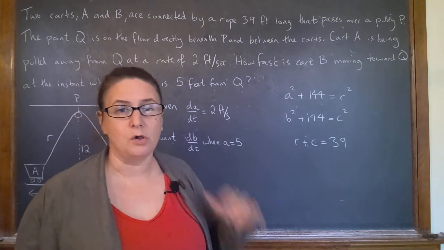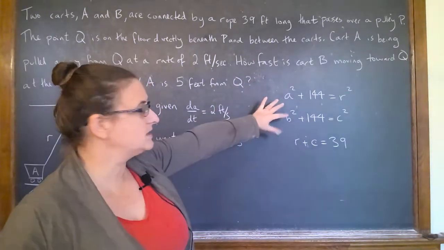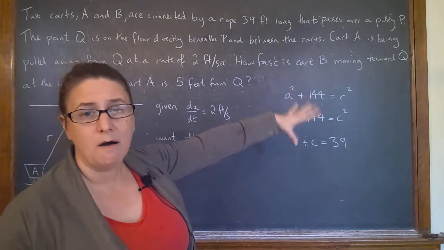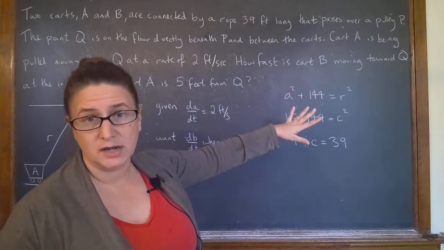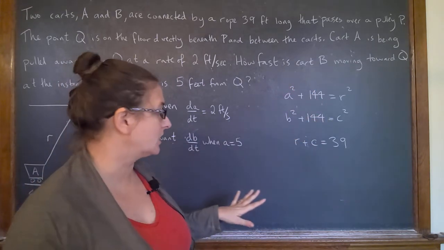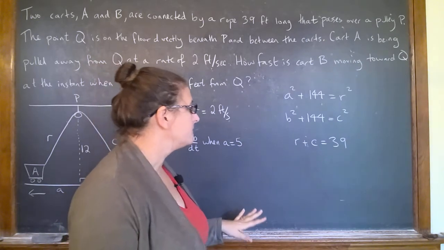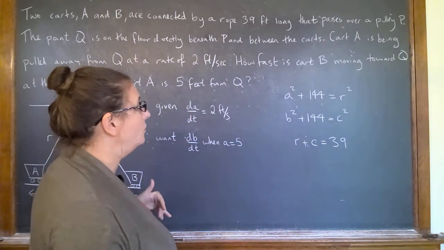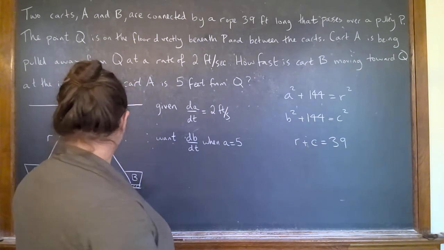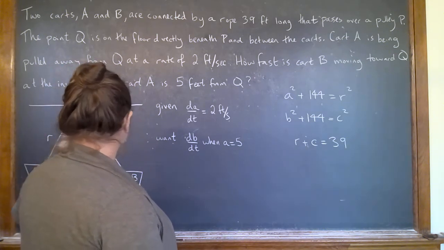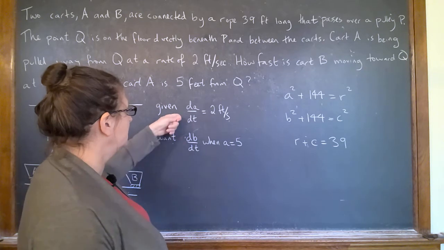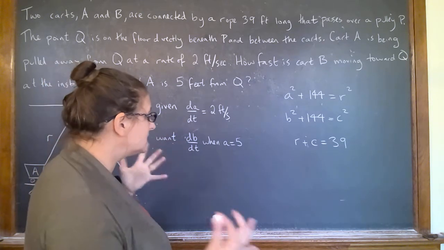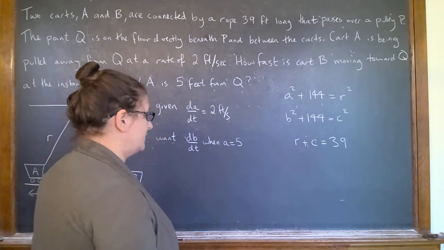That's going to be the goal, because when I take the derivative of this with respect to t, all 4 dimensions are changing. That's okay, but I don't really care about how R and C are changing; I need the A and the B. So let's see what we've got and what we can do with this.